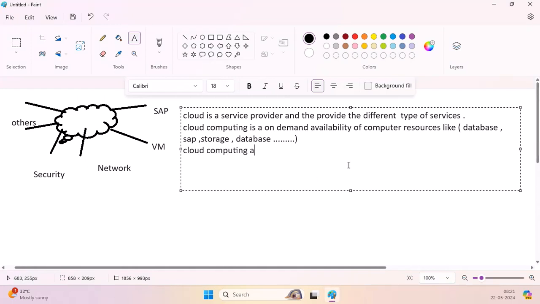Cloud computing is a virtualization technology that allows you to create and configure customized applications via an internet connection.